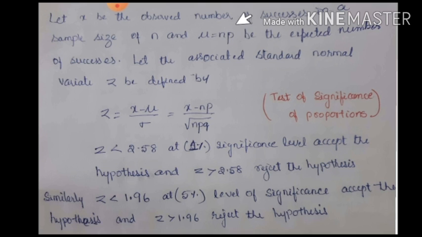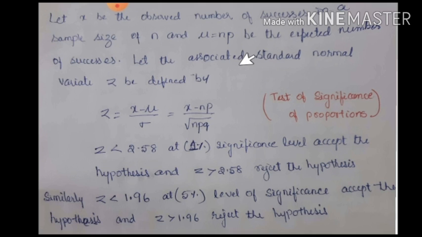P is the probability of success. If in a problem the data is available with the probability of success, then we easily calculate the expected number of successes.